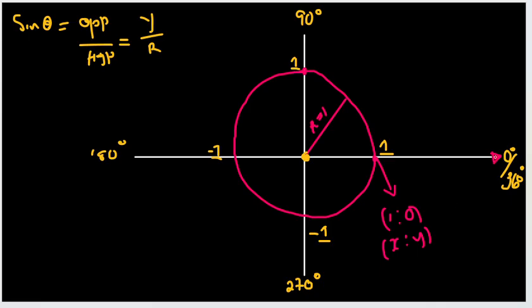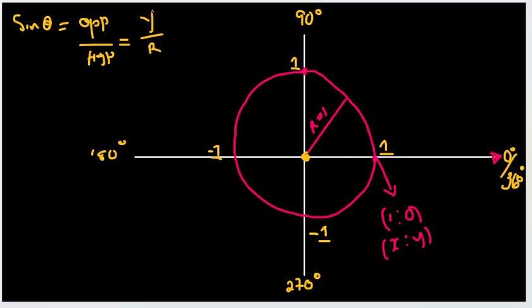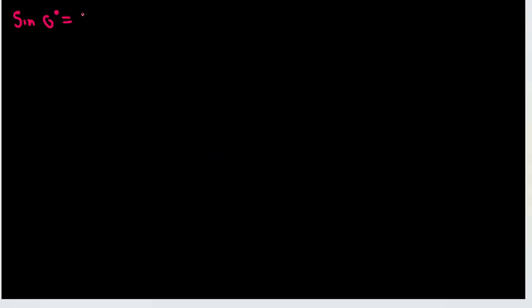So sine theta equals y over r, which is 0 over 1, and that is equal to 0. Okay, so we know that one.